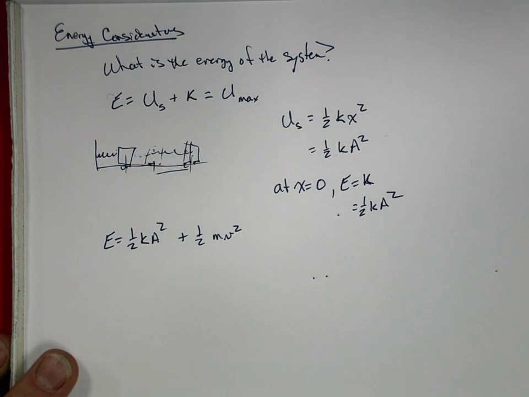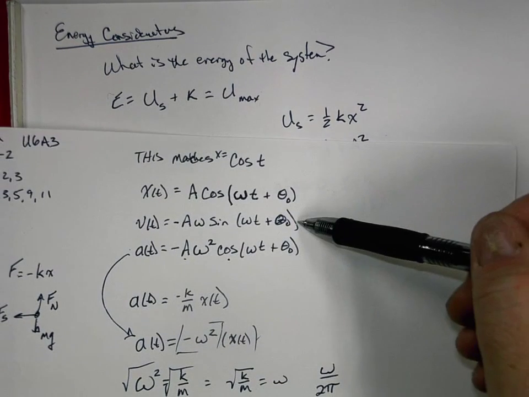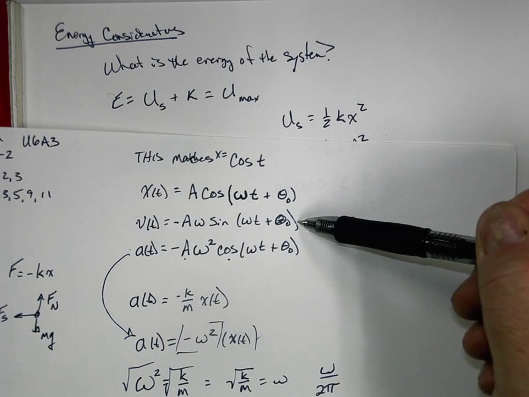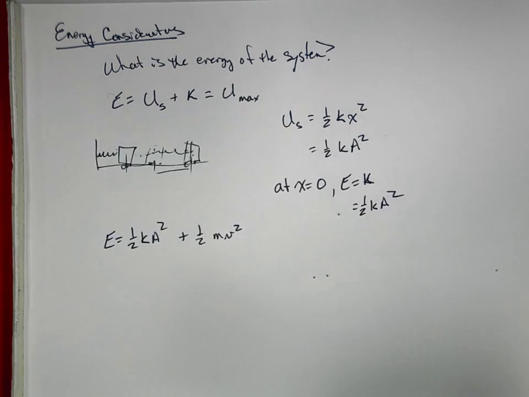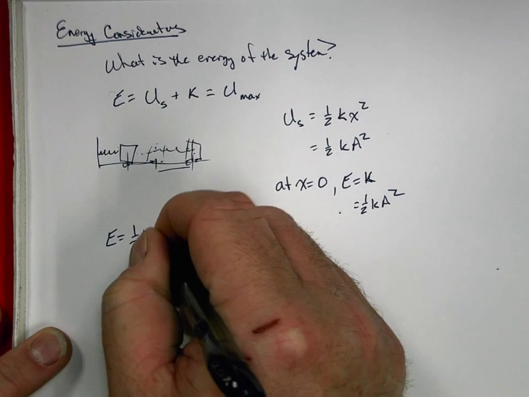Did we find out what the velocity was for our spring? Did we figure this one out? Here's the velocity for our oscillator, right? So we've got two things. Oh, I'm sorry, hold on. I'm going to keep that as an x, not an a. Sorry, guys.